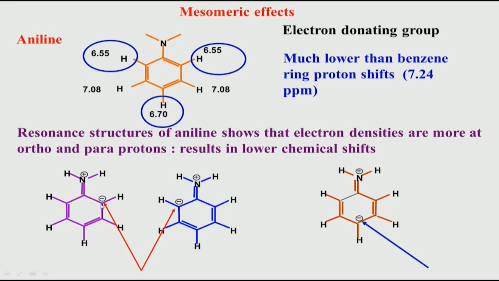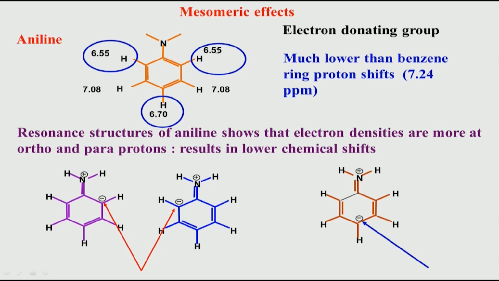This ortho hydrogen accumulates electron density, which in turn is transferred to this hydrogen. So, this hydrogen also has a higher electron density compared to the case where there was no amine group. Because of this higher electron density, this hydrogen atom now appears shielded. It comes at a lower chemical shift value.